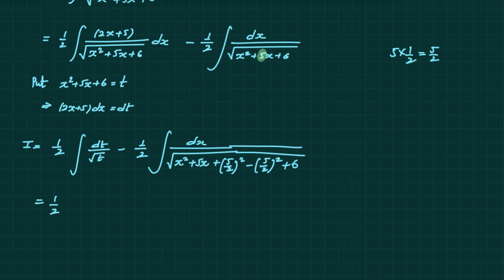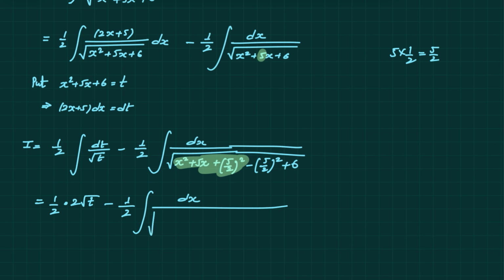So integration of 1 by root t is 2 into root t, minus 1 by 2 integration of dx over, these three terms collectively can be written as x plus 5 by 2 whole square, and if we simplify these two terms, then we will have minus 1 by 4.